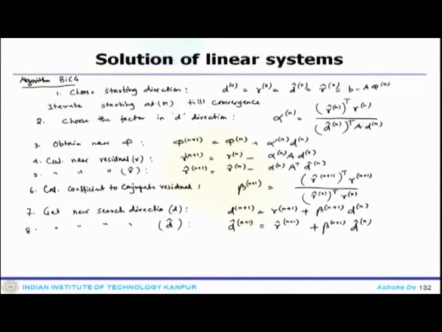So, as you see the difference from the conjugate gradient here, the search direction, residual direction, these are now split into two different directions, and that is why it is called the BiCG.